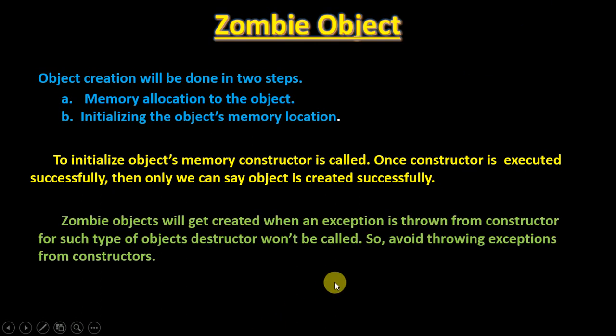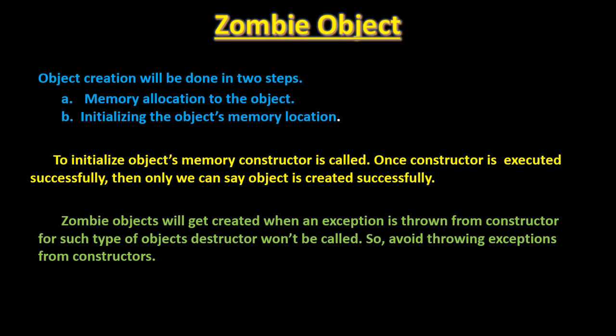Zombie objects get created when an exception is thrown from the constructor. For such objects, the destructor won't be called. So avoid throwing exceptions from the constructor. Somebody may ask you what will happen if you throw an exception from the constructor, or whether it is good practice.